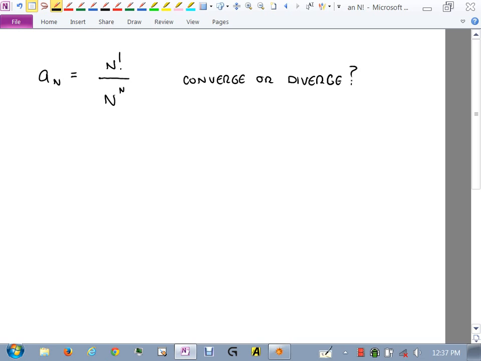The top goes to infinity, bottom goes to infinity. Agreed? But you can throw L'Hopital out. That's never happening because we have a factorial, so that's automatically out, right?